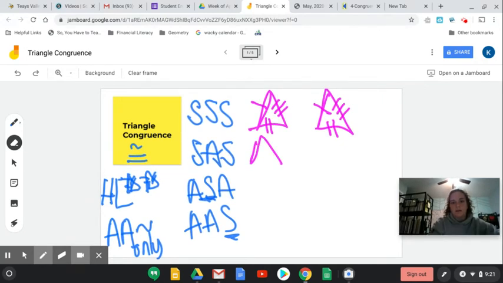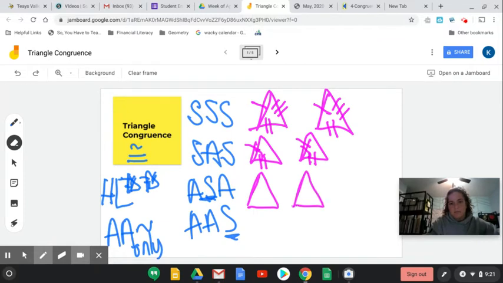Side, angle, side is two sides next to each other, which is always happening in a triangle, and the angle in between those two sides is congruent. Angle, side, angle is the angles that are next to each other congruent, and then the side in between those two angles.